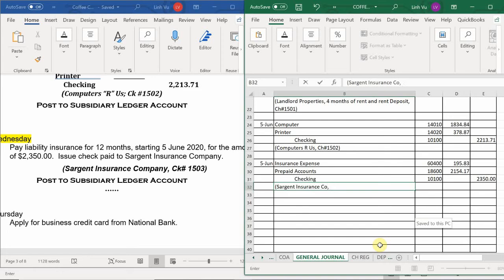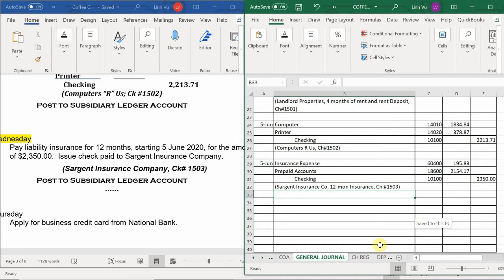Then you could put other details such as 12 month insurance, using check number 1503.